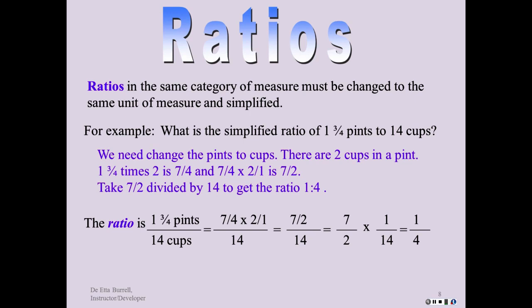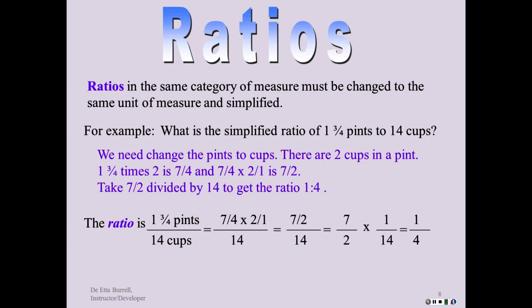So there's 2 cups in a pint. So I need to take the 1 3/4 pints and convert them to cups so that I have cups and cups that I'm going to be comparing. Because it doesn't make sense to do pints and cups. They're both the same kind of liquid measure, and you just need to take the larger size item and make it the smaller size item.